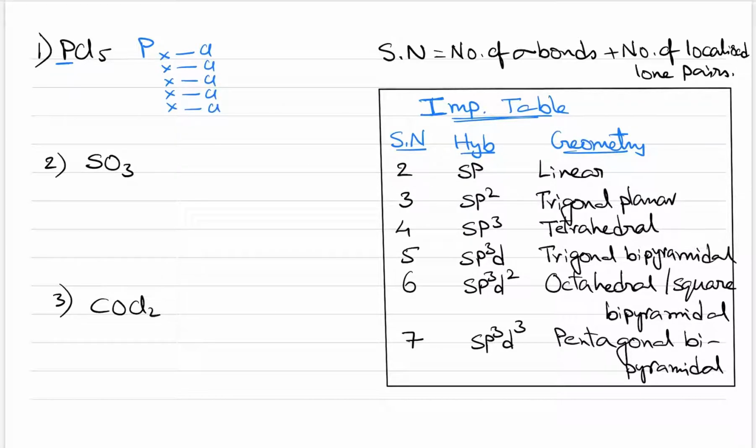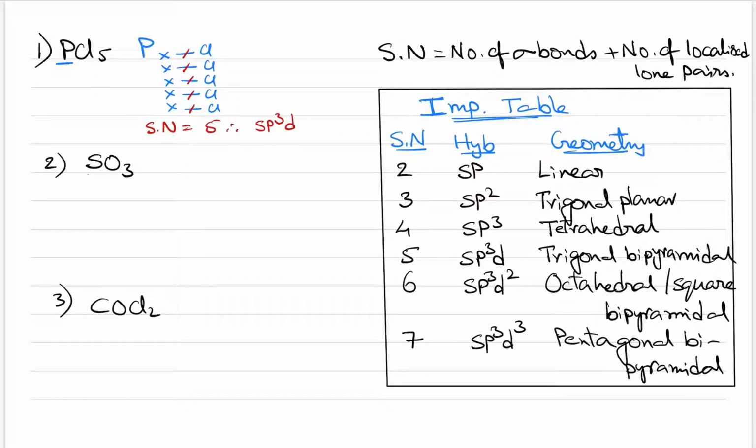Now count how many sigma bonds are present: 1, 2, 3, 4, 5. 5 sigma bonds are present, so the steric number will become 5. Therefore, the hybridization will be sp3d. Very easy.